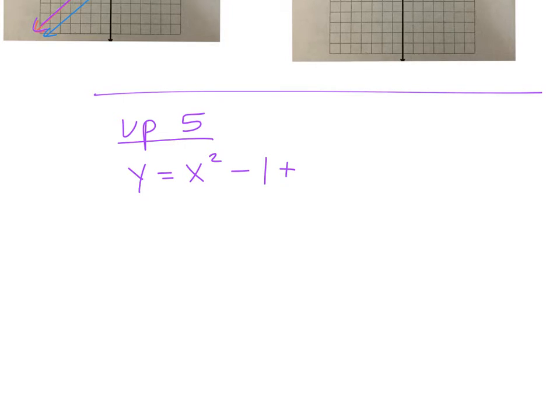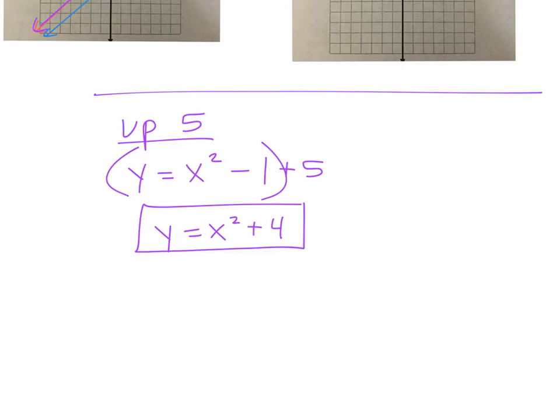So if I want to go up 5, I need to add 5 to this function. Negative 1 plus 5 is going to put me at y equals x squared plus 4. So this would be my new equation if I shifted it up 5. Does that make sense? We just add the 5.